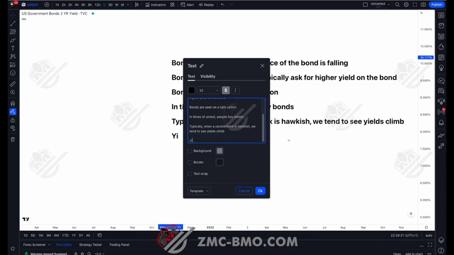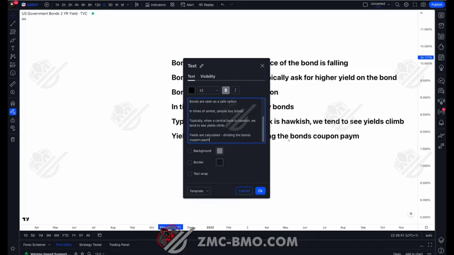So the way yields are calculated is as follows: dividing the bond's coupon payment by its price.